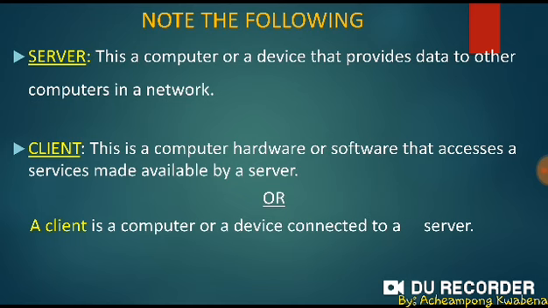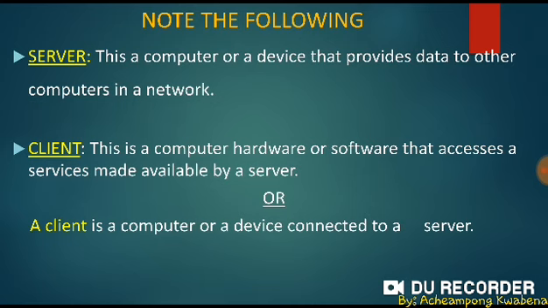This means that it's a main computer whereby other computers are connected to, and all information on those computers are being fetched from that main computer. So when you have a computer having other computers connected to it, that computer is referred to as a server. All the information being used by the other computers are being saved on that main computer, which is the server.